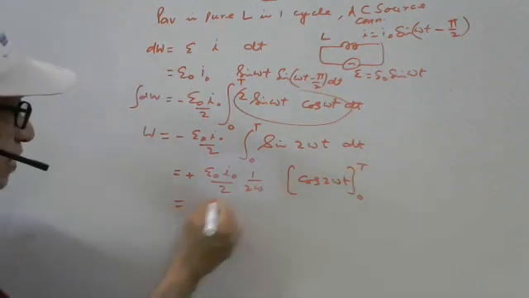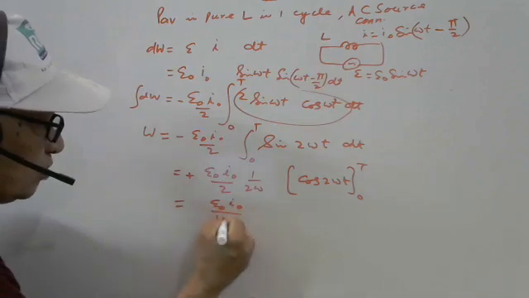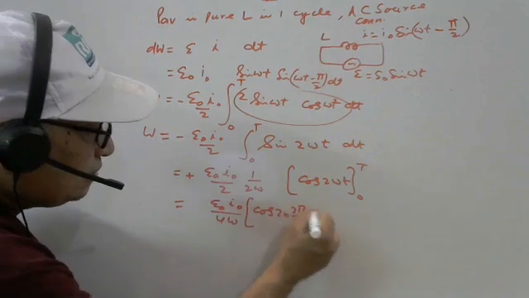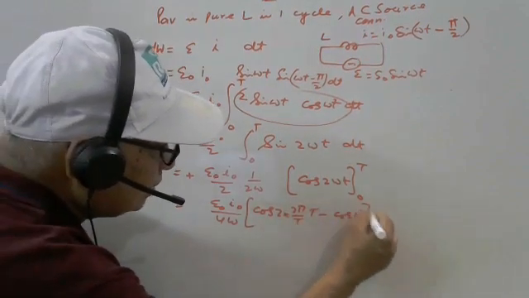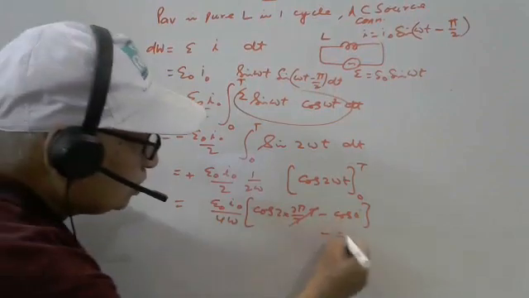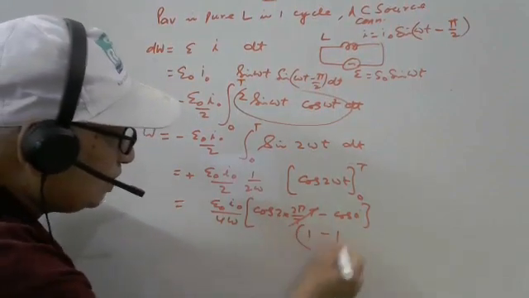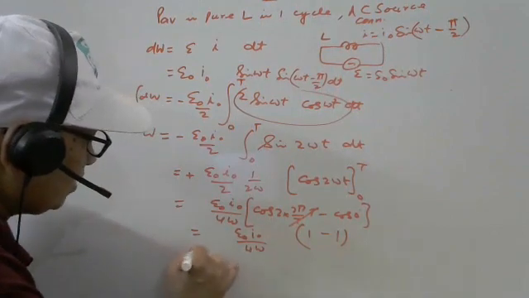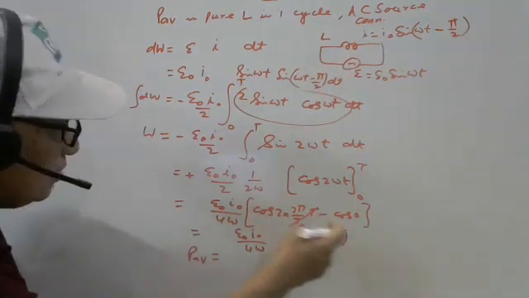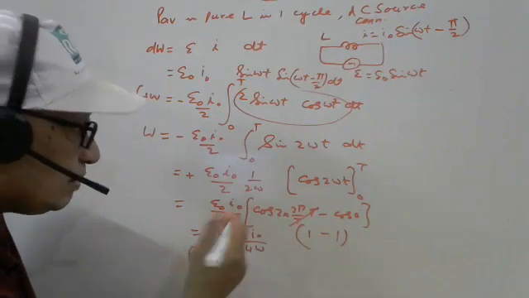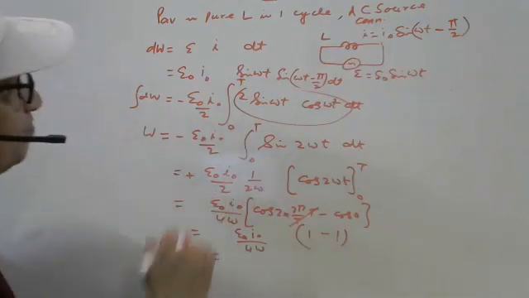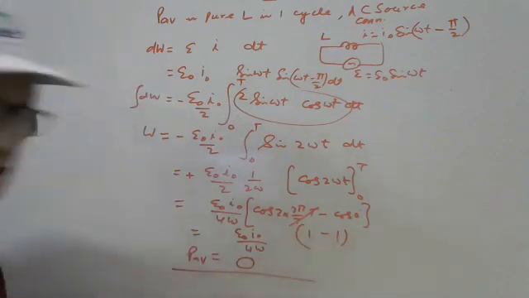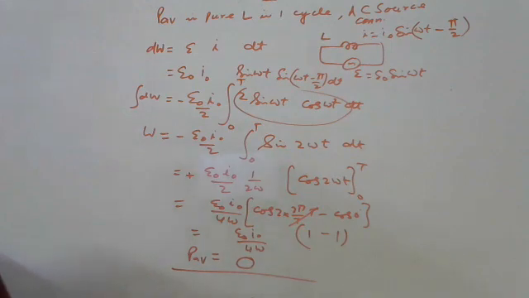You put the value here, E naught I naught upon say 4 omega and cos 2 into 2 pi by T, upper limit, minus cos 0, lower limit. Cos 0 is 1, cos 4 pi is 1, so it will become 0. That is why power average, which is work divided by time, we are getting 0. So here we are getting 0, because of this power average is also 0. We have discussed this also.